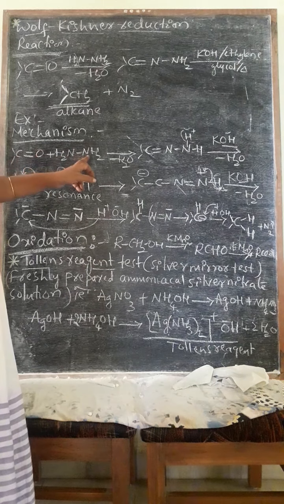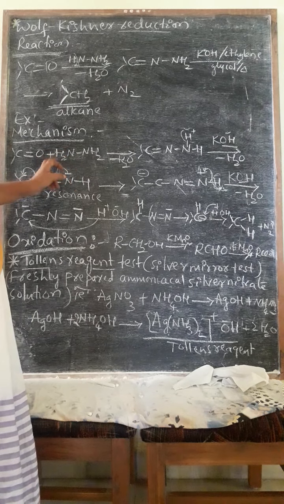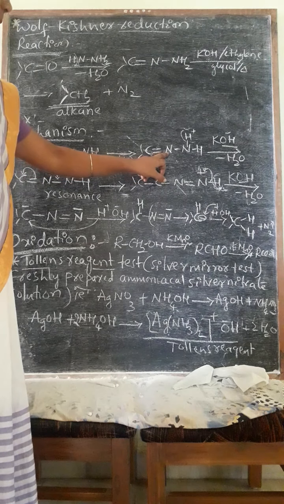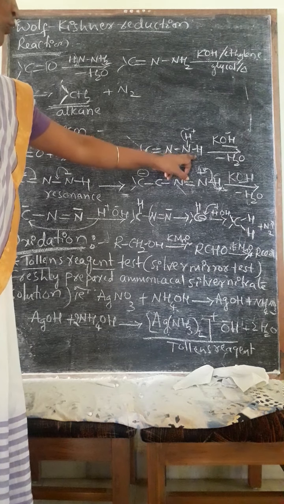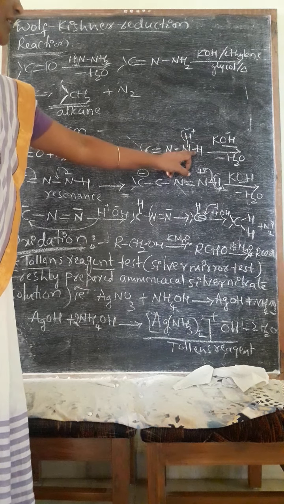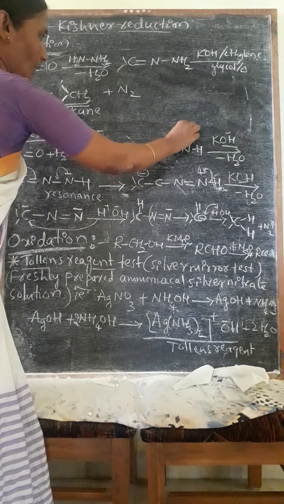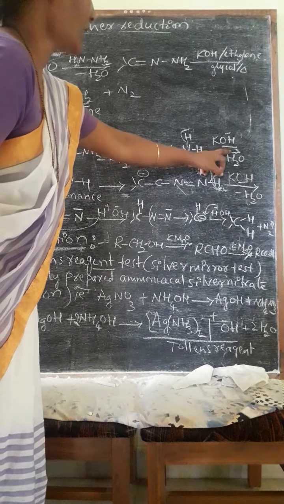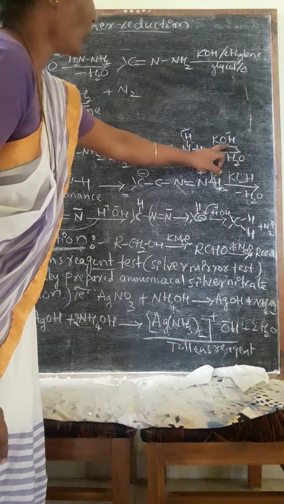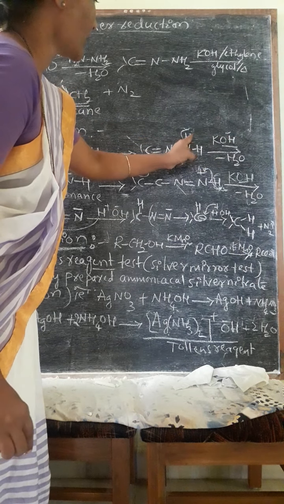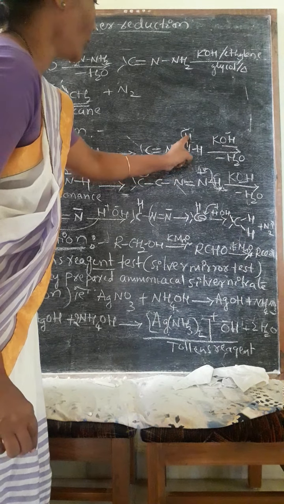Definitely, the first step, we all know, is elimination of water and the product is C=N-NH2, with NH2 represented in this way, H and H. Now I will take KOH as the base. OH minus withdraws a proton from NH2.